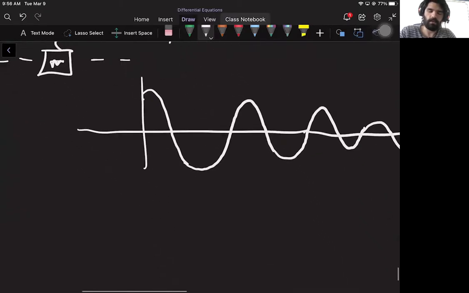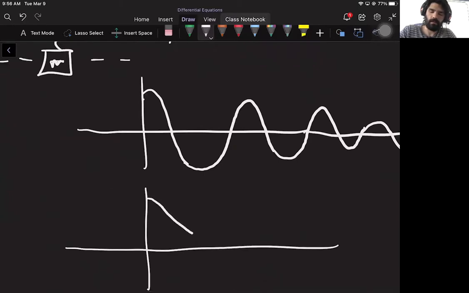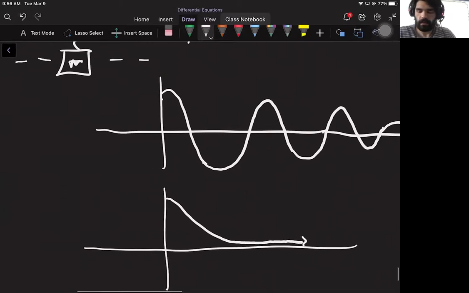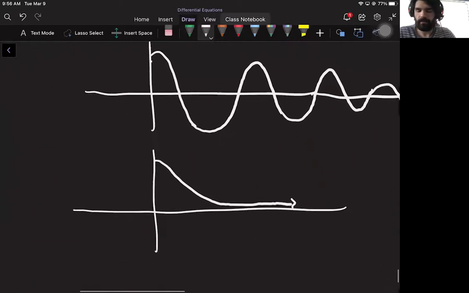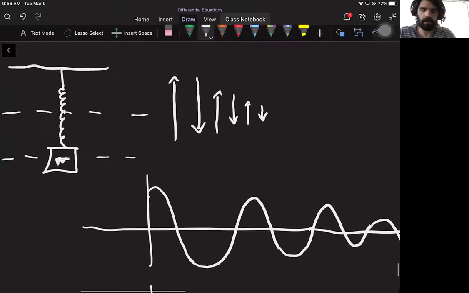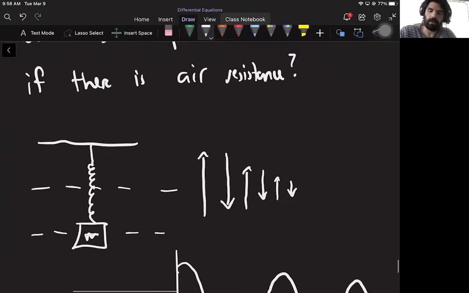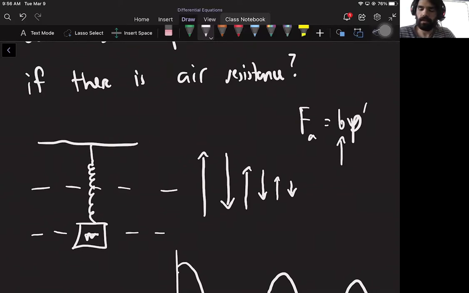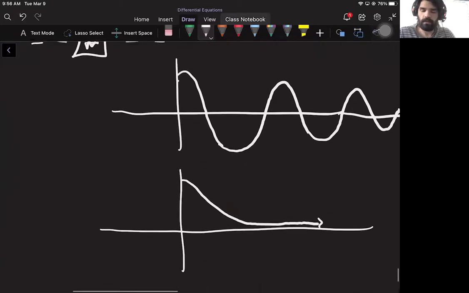If there's way too much air resistance, then what can happen is it just doesn't even get a chance to bounce. It just sort of stops right away. So it's good to think about things like that. So that will correspond to when we have air resistance. So it'll correspond to different values of B, which corresponds to how much air resistance there is. So it should decay to a stop eventually.